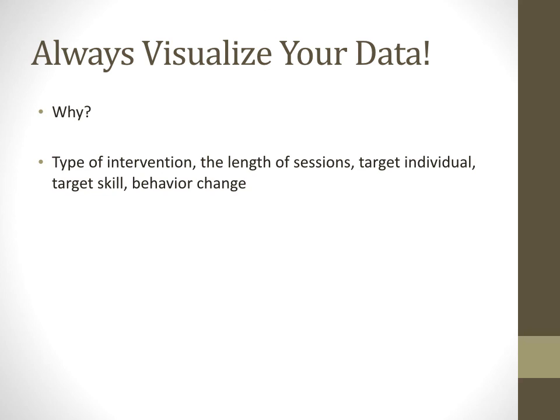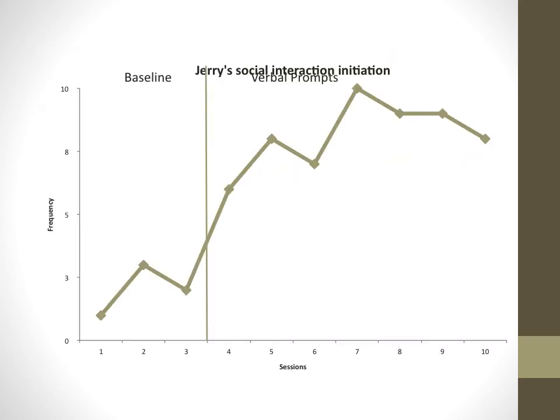When we use a single case research design, we are going to graph data always, so we can easily compare the behavior change with the intervention. So here's an example. In a graph, you must include several elements.